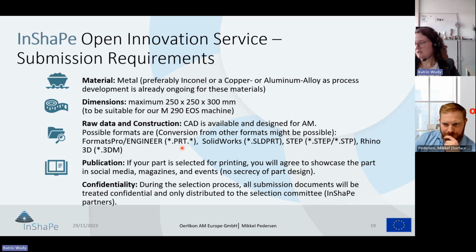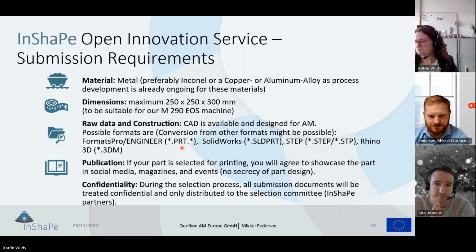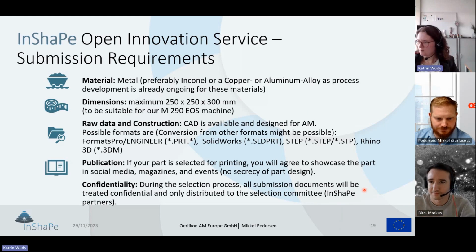I think this maybe can be answered by Marcus, because EOS will print the part. Yes. So is the CAD file a mechanical shape, or can it be also a mechanical shape? It can be also an STL file. Okay, thank you. You're welcome.